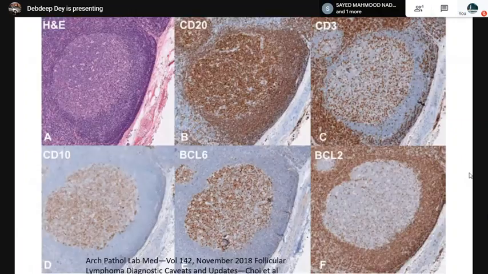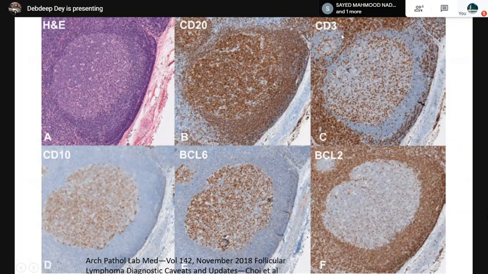We'll take you through some of the different facets of this follicular pattern of infiltration, because it is imperative that you know the difference between follicular hyperplasia and follicular lymphoma. Here we have a very nice follicle which shows tingible body macrophages, surrounded by dark and light zones, which is positive for CD20.